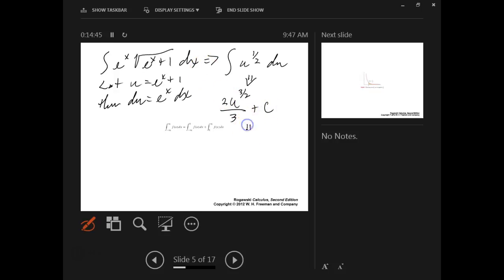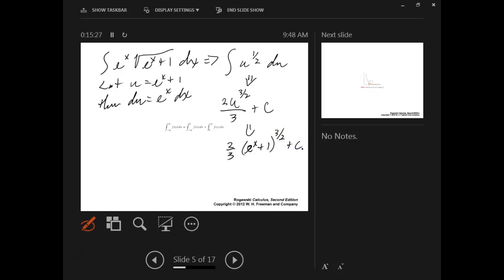And what does that become? 2/3, I'm going to put that up front, e to the x plus 1, to the 3/2 power plus c.